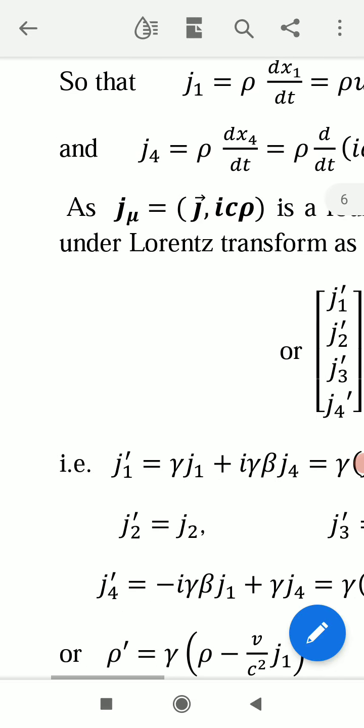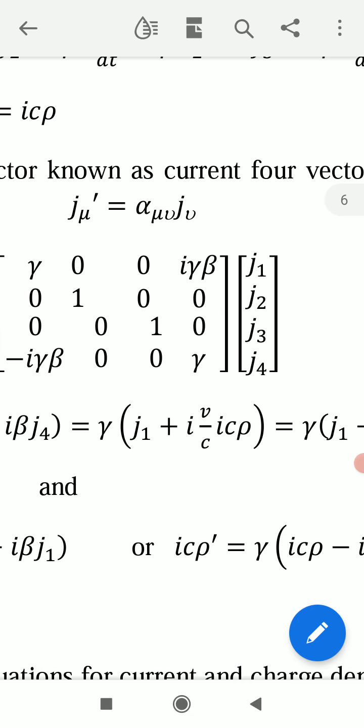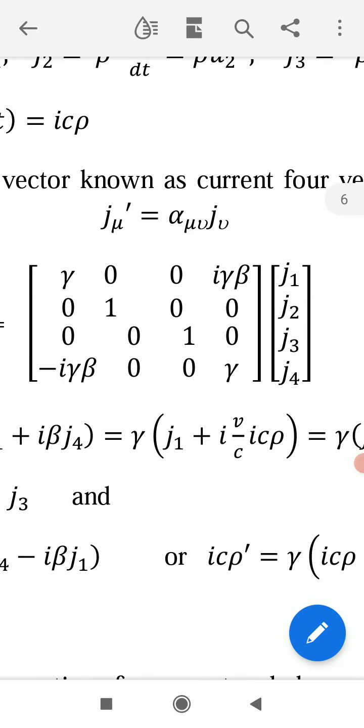It transforms under Lorentz transformation as J mu dash equal to alpha mu nu J nu. It is the definition of a 4 vector: a set of 4 quantities J mu which transform according to this relation behaves as a 4 vector. So if J mu is a 4 vector, then it transforms under Lorentz transformation by this relation, J mu dash equal to alpha mu nu J nu.